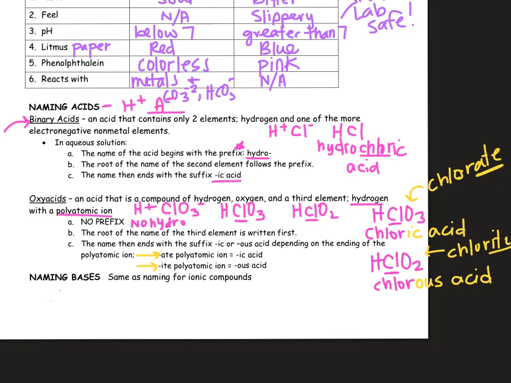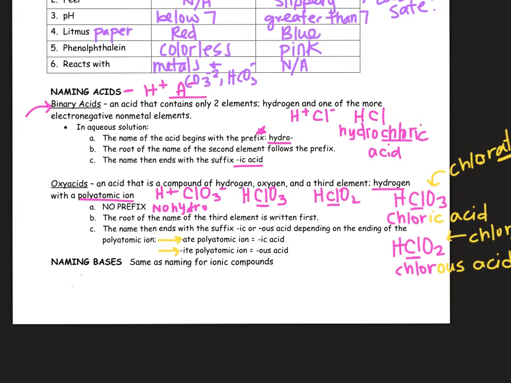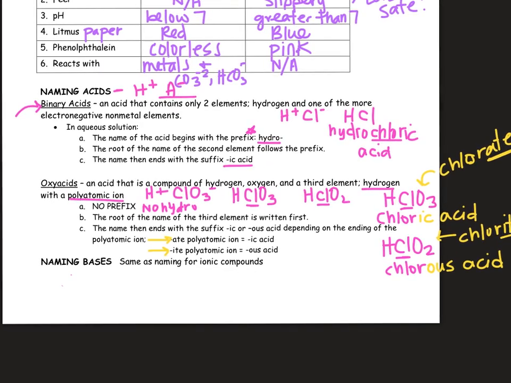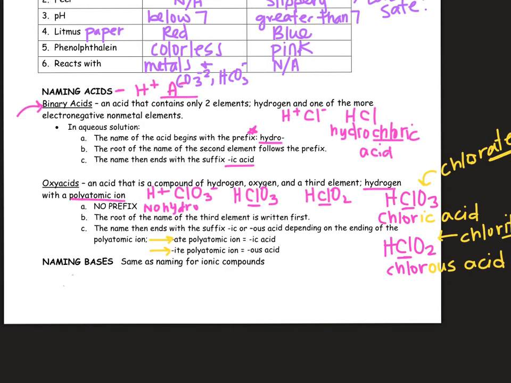Then we also have bases, and there's nothing special about naming a base. Let me change my color. When naming bases, our base is going to be a hydroxide, right? It's going to have hydroxide in it. So anything with hydroxide. So I can have NaOH, right? So it'd be just like an ionic compound. Sodium's in group 1, so I would just say sodium hydroxide.